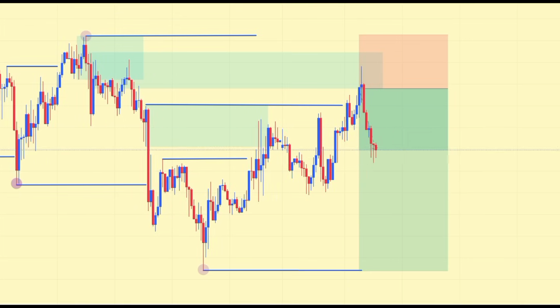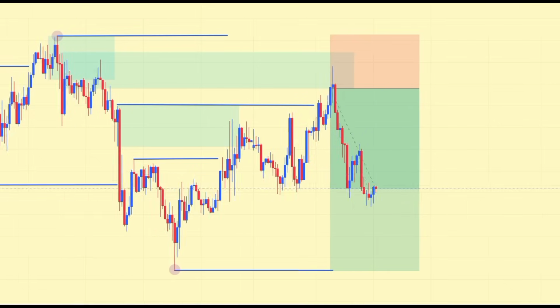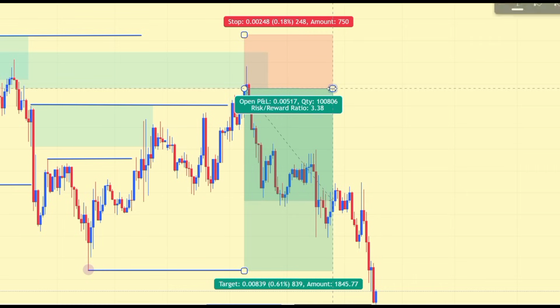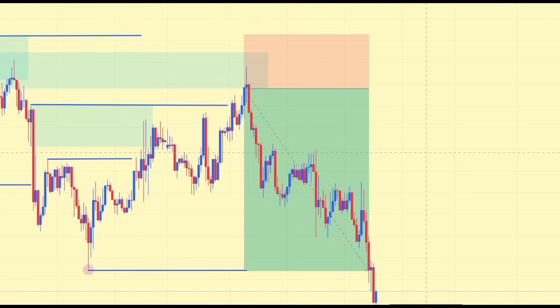All right, so let's see what price does, and exactly right here you can clearly see price made it out to the external liquidity exactly right there.